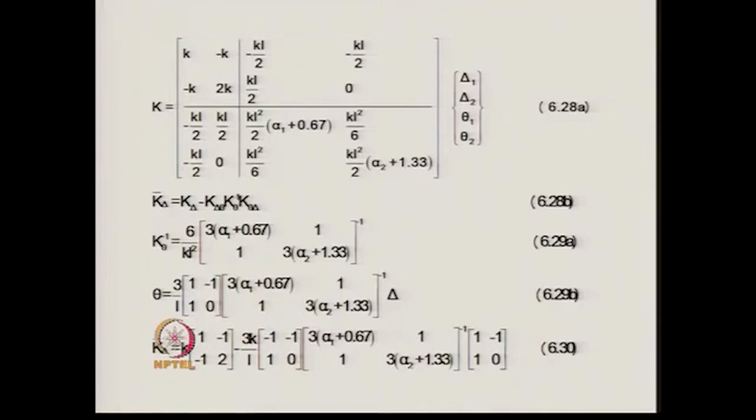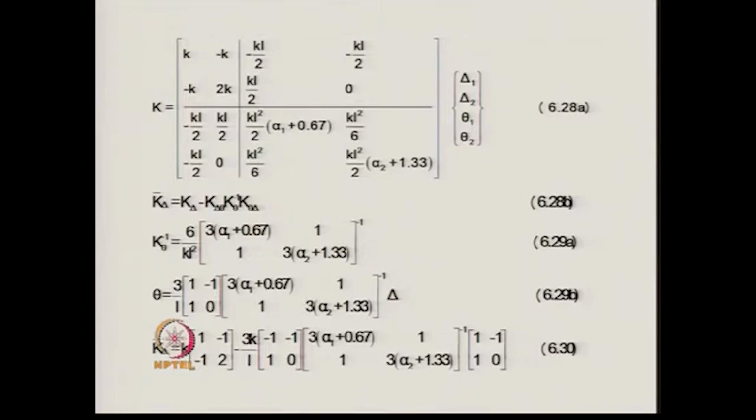Now, once we write down the stiffness matrix in terms of the 4 degrees of freedom, then we condense out the rotational degrees of freedom, and after that we get k bar delta, the condensed stiffness matrix with respect to delta, and one can see that the expression of k bar delta contains alpha 1 and alpha 2.